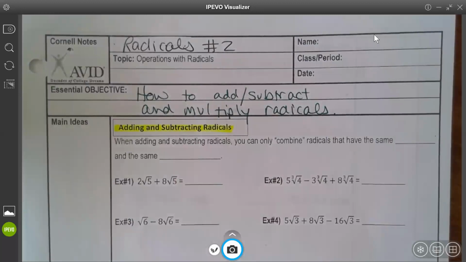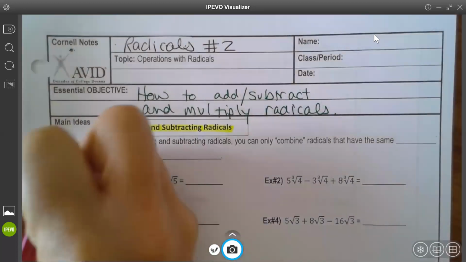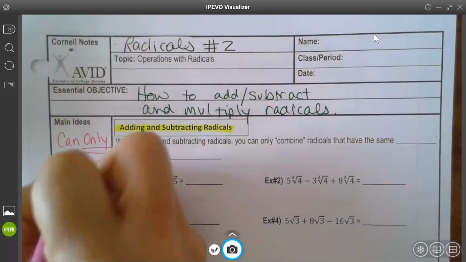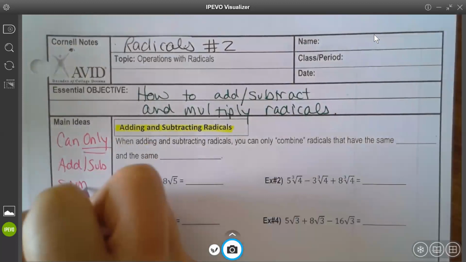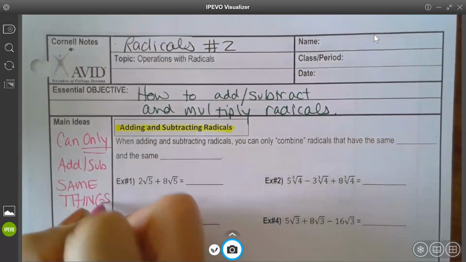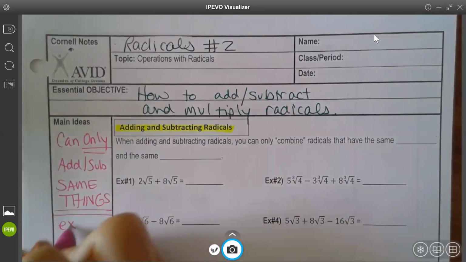Now, if you've had me before, you know that when you add and subtract something, you can only add or subtract the same things. The exact same things.